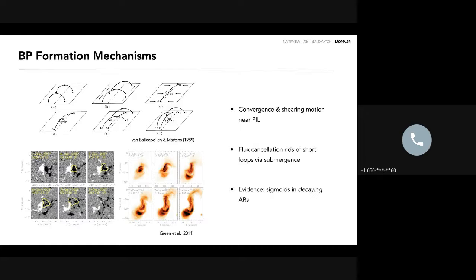The flux would cancel, and you would get this twisted flux rope. So what you need to do critically is to get rid of the small loops after reconnection, which is G and F, the field lines connecting G and F in the lower right panel on the top figure, right? Those need to submerge to get rid of those. So you would expect some kind of downflow there, but that's never been observed. Next slide, please.